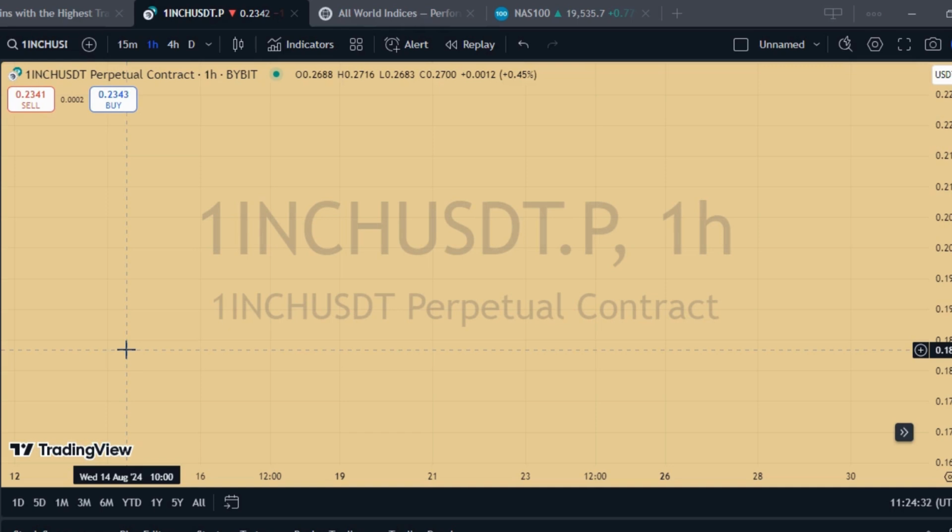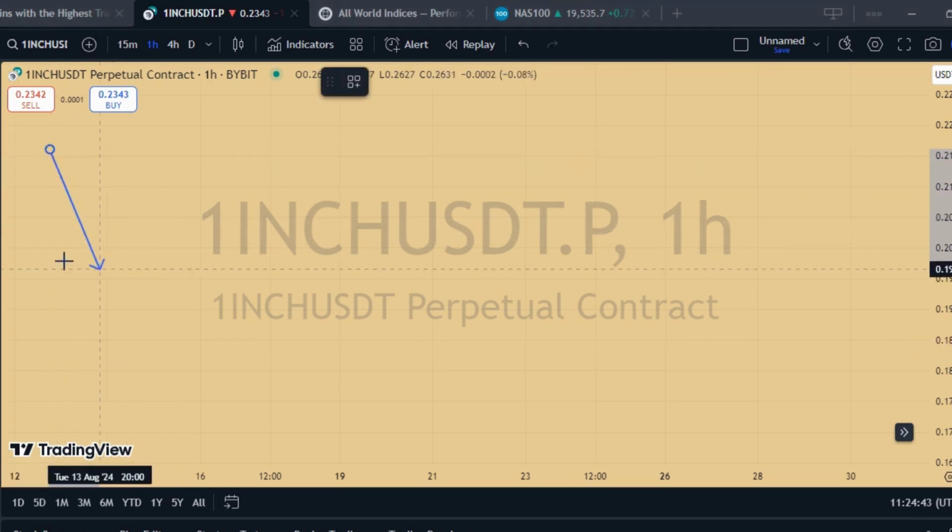Now let us assume that after checking the direction on 4 hours, we are seeing a downtrend. This is what a downtrend looks like. We are seeing a downtrend movement on a 4 hours time frame.